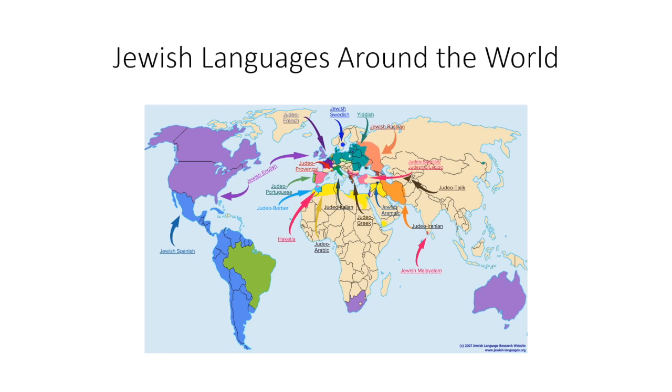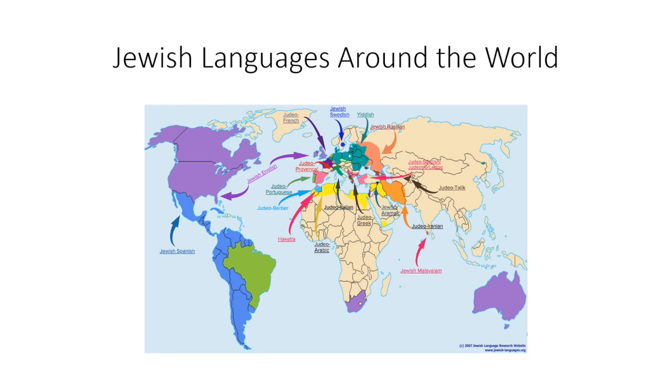You find a version of it in South Africa and a version of it in Australia. And you can see that there are just so many different languages that grew out of the experience of living in a diaspora community and adapting that language to Jewish culture.